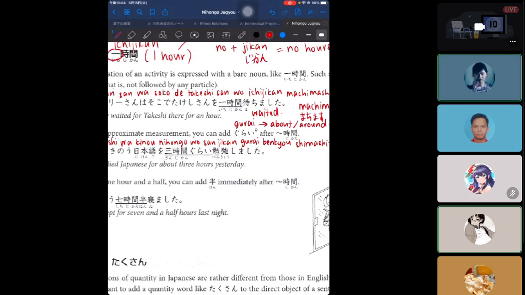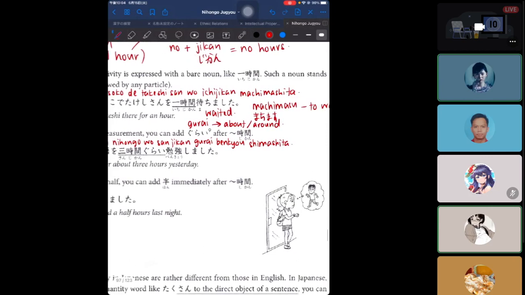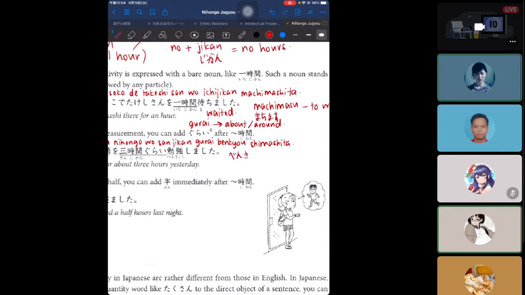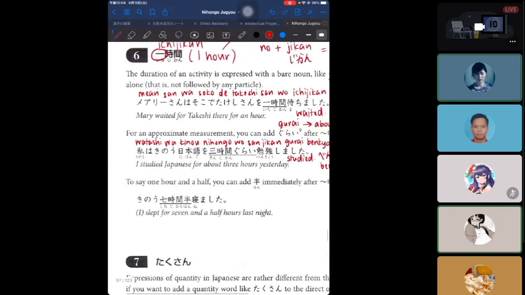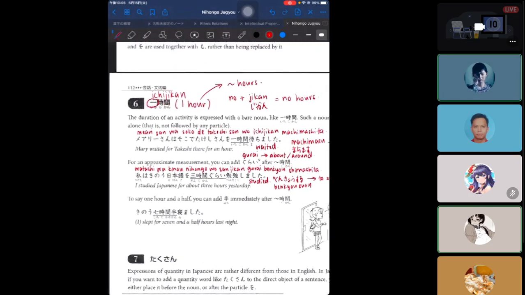And then 勉強しました. 勉強する is to study. So 勉強しました is past tense, meaning I studied. So I studied Japanese for about 3 hours yesterday.